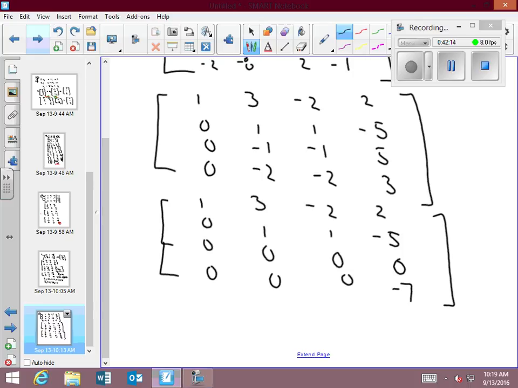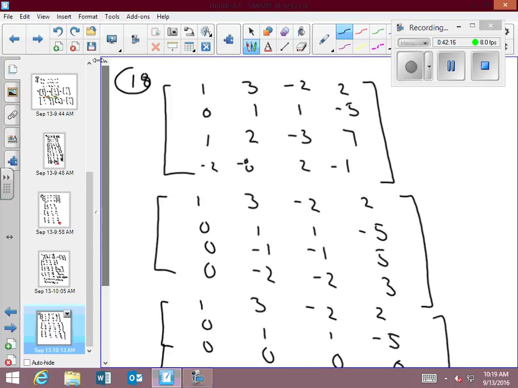And this one is 18. So we conclude, do the columns of B span R4? No, right? Does equation Bx equal y have a solution for every y? No. And the theorem proves it.